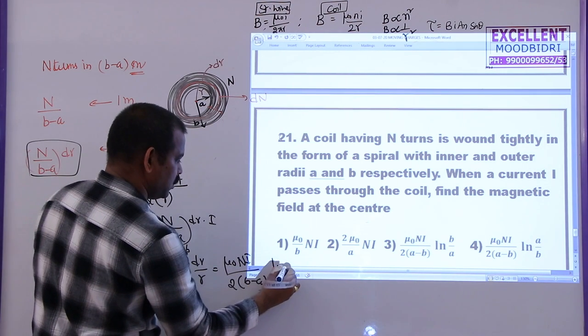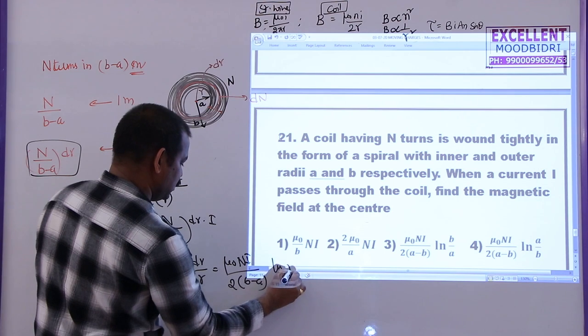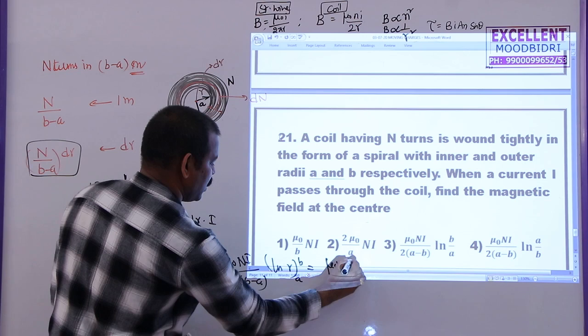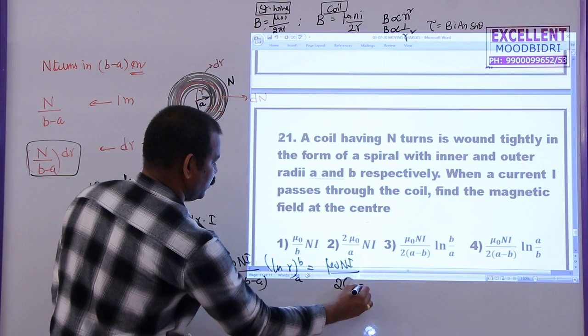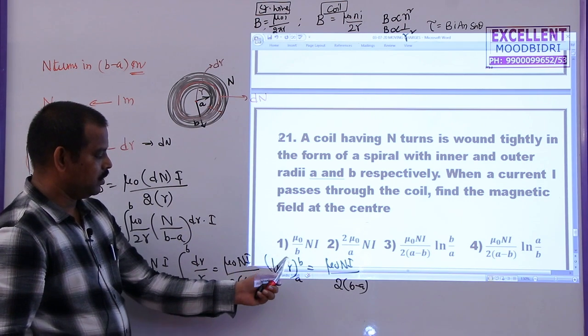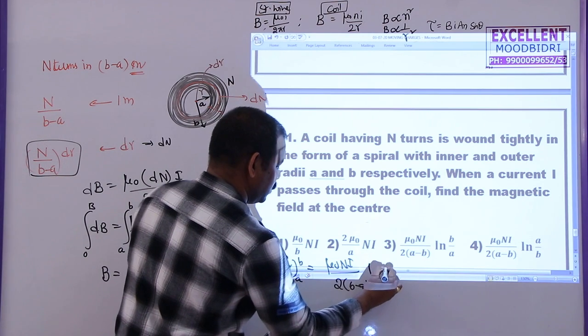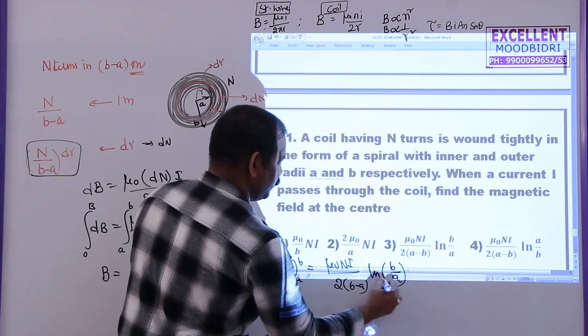So log r with these values A to B. So the final answer is mu naught N I by 2 into B minus A, log bigger value by smaller, that is log B minus log A can be written as log B by A. So log natural B by A.